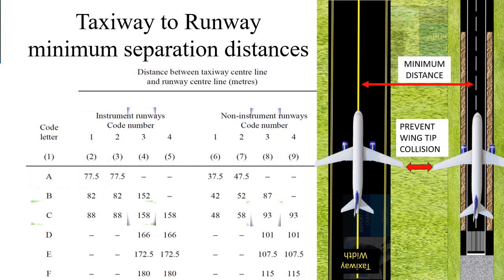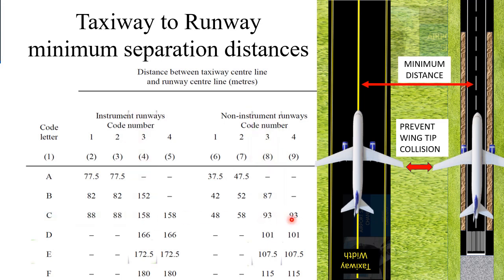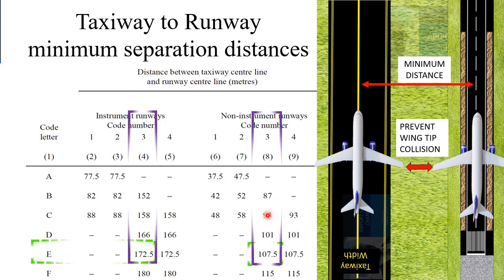If it is aerodrome reference code 3C, then your separation distance will be 158 meters for an instrument runway, or 93 meters for a non-instrument runway.